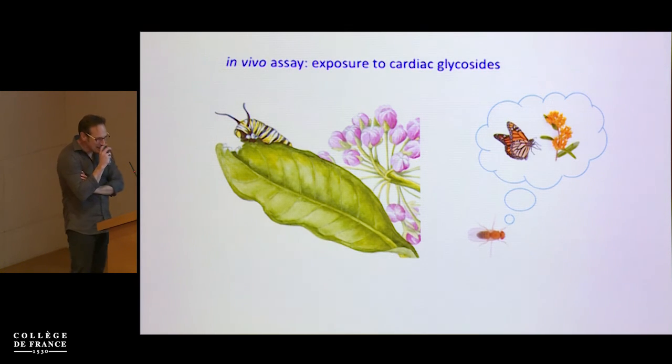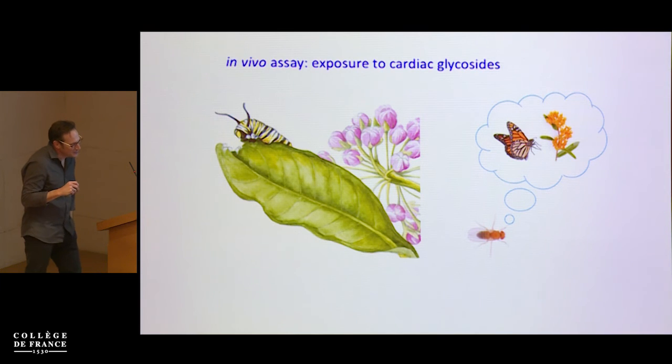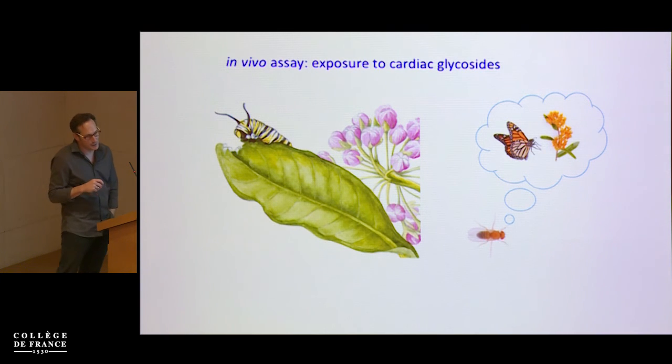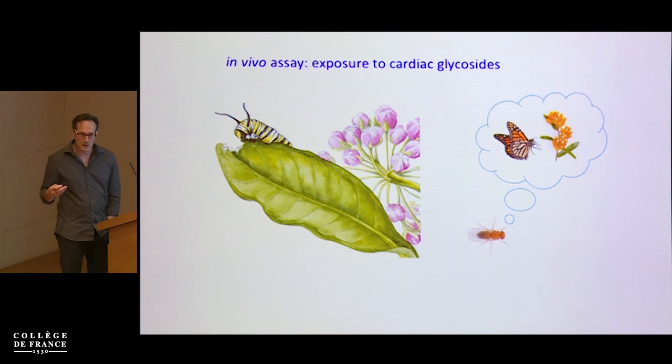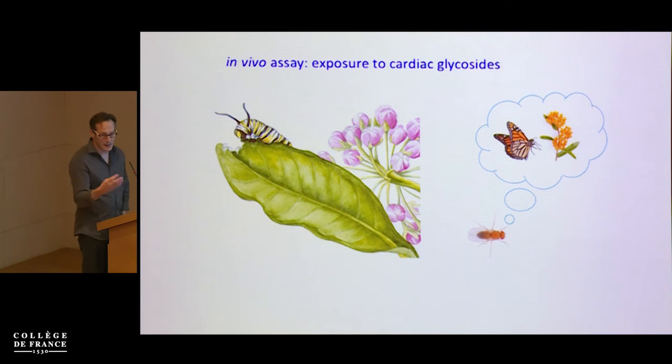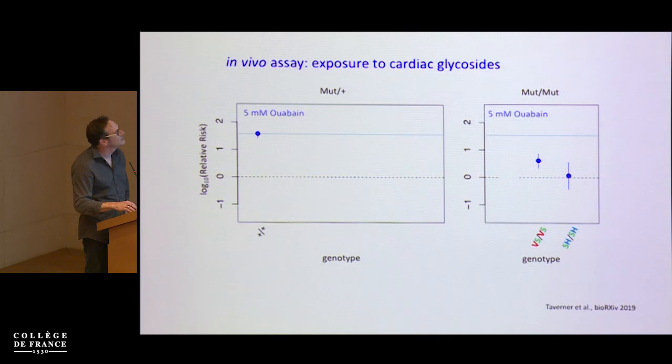So that said, a second type of in vivo assay we tried was looking at adult survival upon exposure to cardiac glycosides. To do this, we took 20 flies. We kept them in vials of media containing known concentrations of cardiac glycosides, and then counted survivors after 7 days.